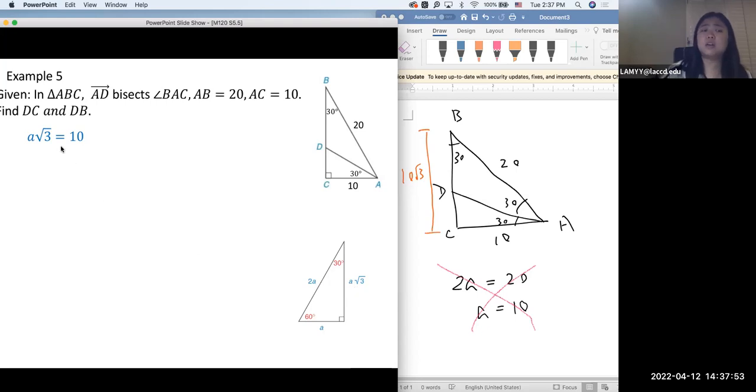And then now we're gonna figure out the A. We divide by the square root 3 for both sides. And again, remember, we don't want any radical in the denominator, so we need to rationalize. We multiply by square root 3 over square root 3, and then you should get A equal to 10 square root 3 over 3.